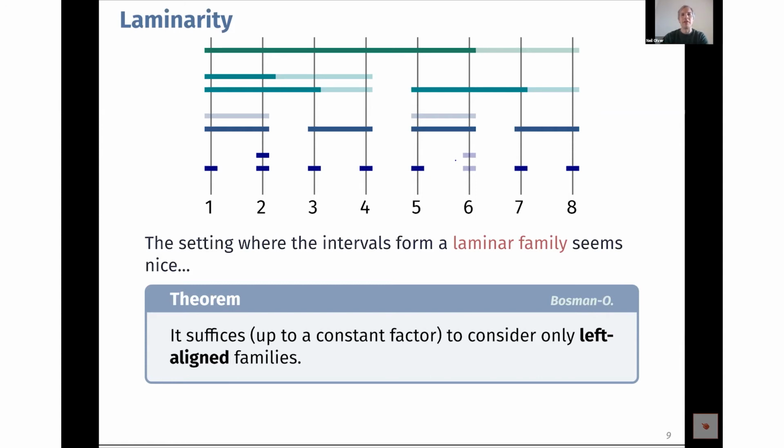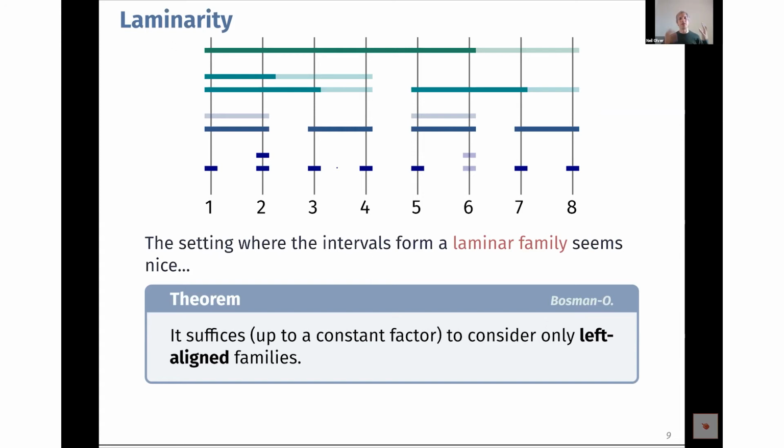Now you're allowed to shrink each interval, but only from the right. The left endpoints of these intervals stay the same, but I can remove anything from the right of the interval. That's what we call a left-aligned family. We show that it's sufficient to solve the problem for left-aligned families.